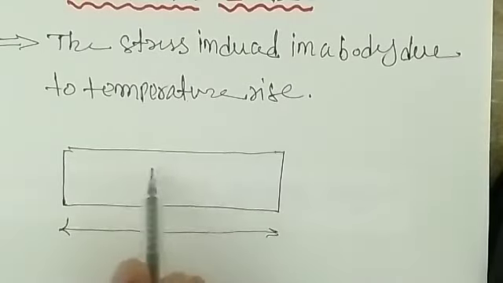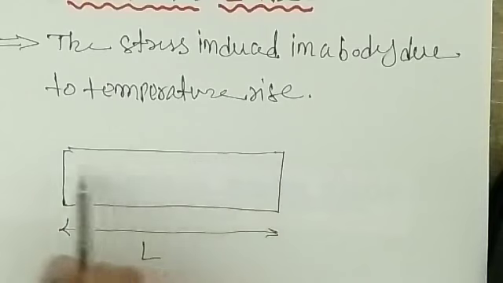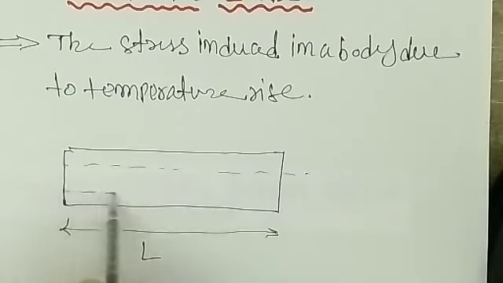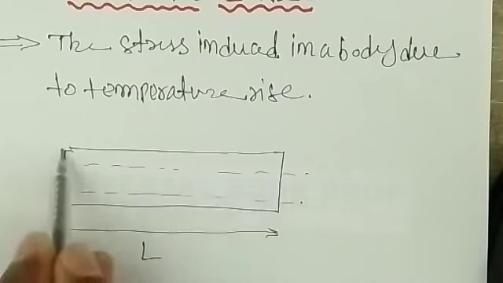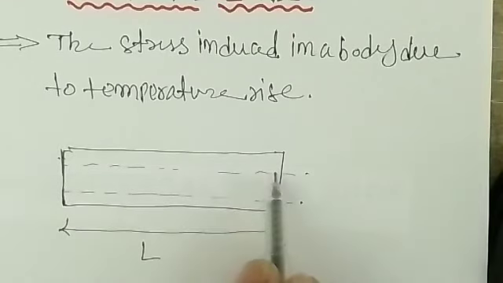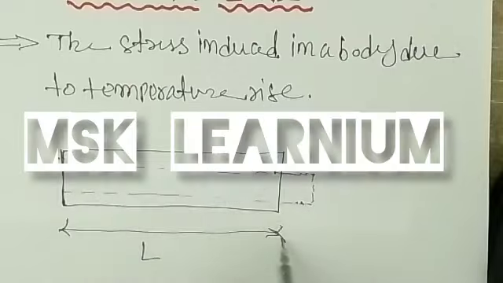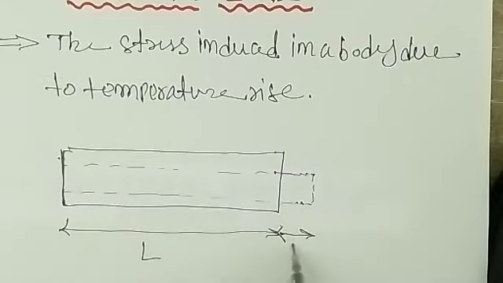So the material will be expanded in this fashion. Let's say this is fixed at one end, so this much of the body will be expanded. This expansion we call DL, that is the thermal expansion.